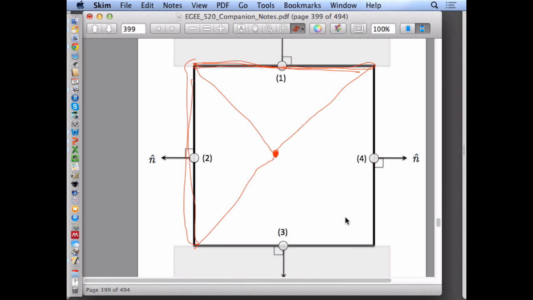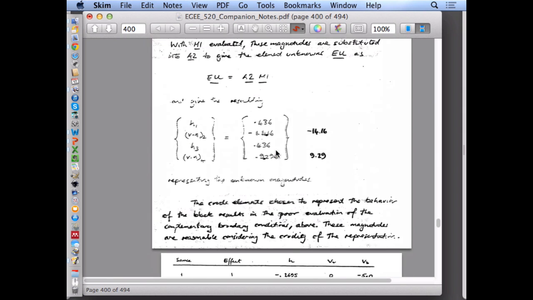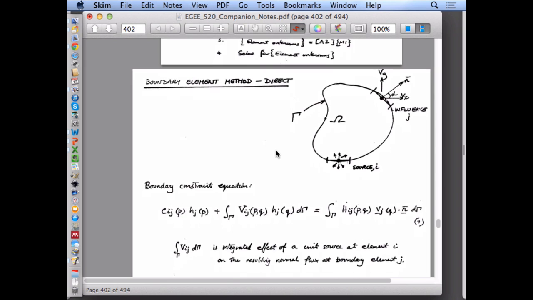So if you know what these four source magnitudes are, you can write the equations in terms of the A matrix, to figure out what the influence functions are for these four sources of which magnitude you know here, to now calculate what the head is at an interior point. So even though you're solving only on the boundary, you can also calculate what the conditions are inside your system as well, in terms of heads and velocities. You can calculate them everywhere. And so that's one thing that we should make the point of.